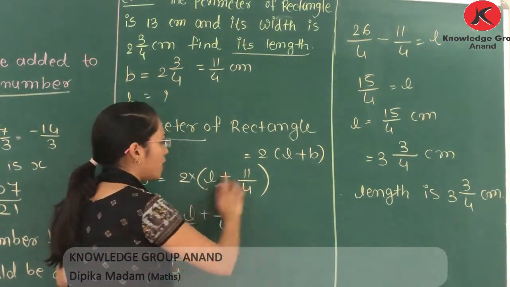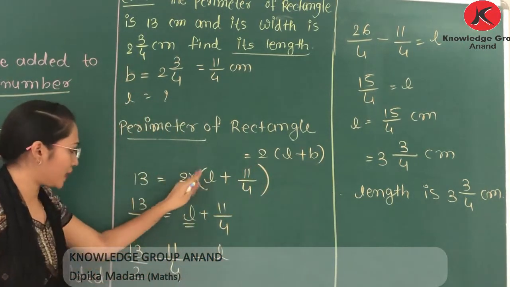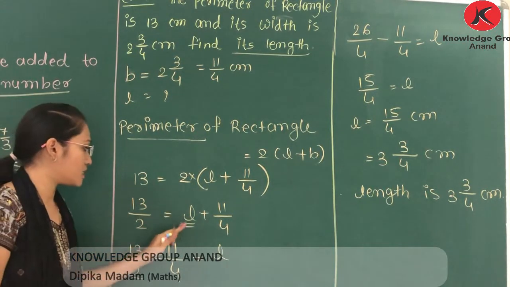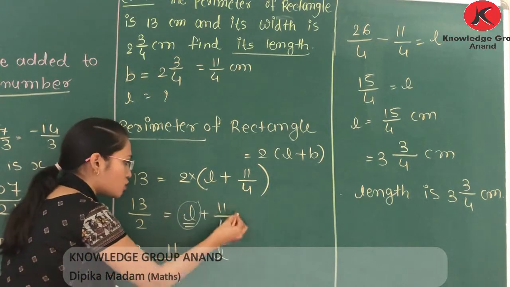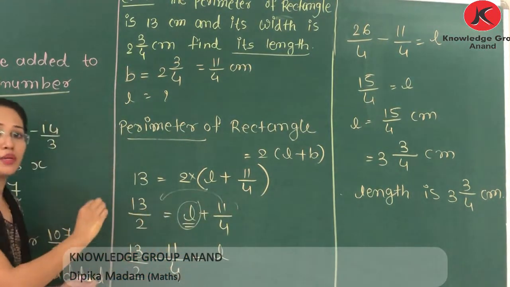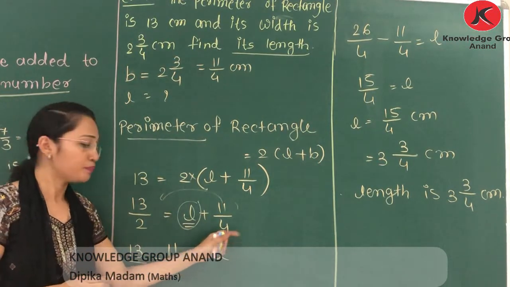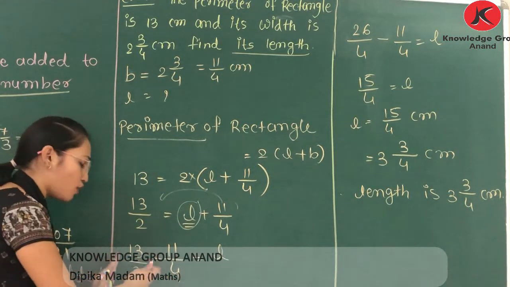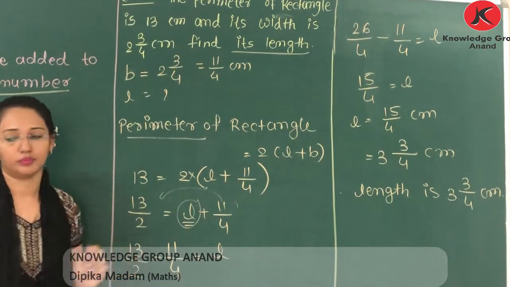Length is not given, breadth is given, 11 by 4. 2 is in multiplication, so it becomes the denominator on the left side, equal to L plus 11 by 4. Now we have to find L, so we move 11 by 4 from the right to the left. It becomes subtraction because it is in addition on the right side. So 13 by 2 minus 11 by 4. Now we already learned in the chapter on rational numbers how to solve this.